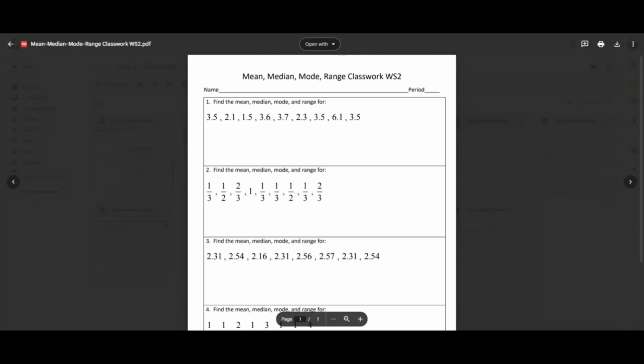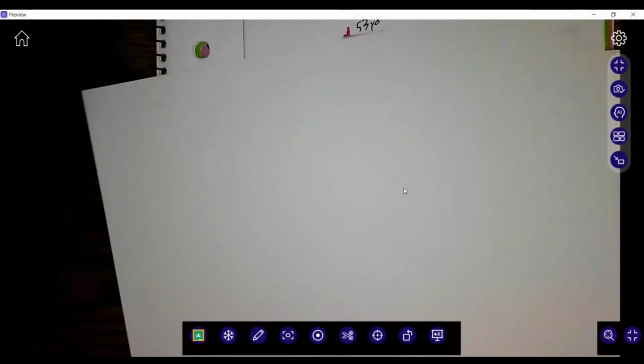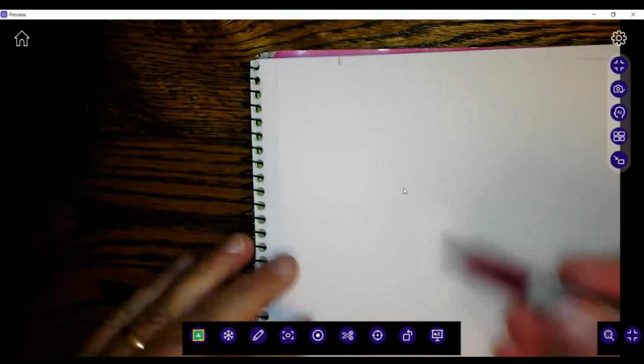So let me switch to my camera. And the first thing I'm going to do is write this problem down.